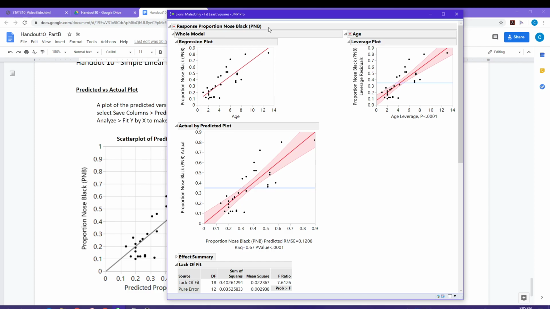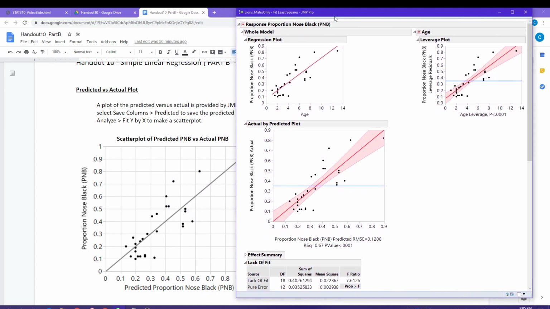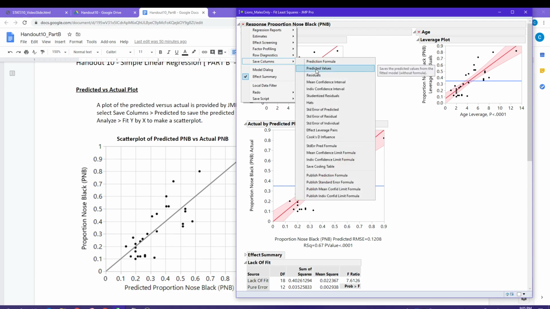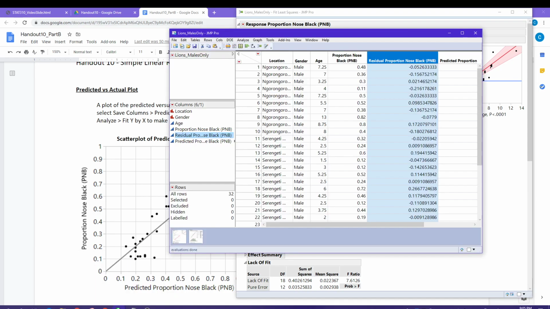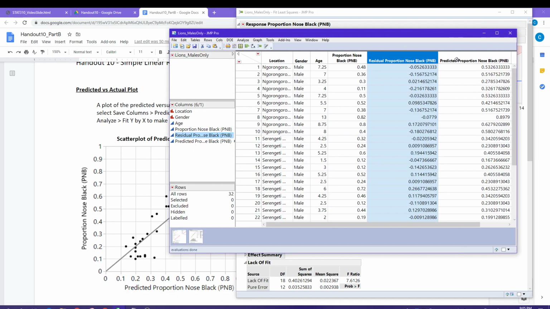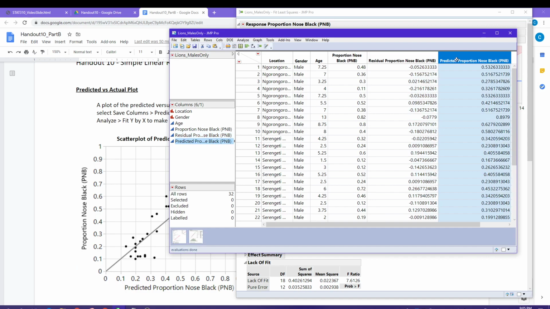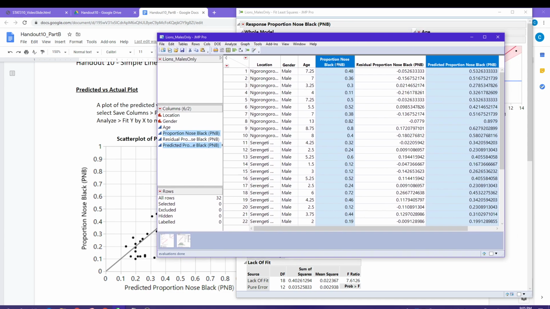What I often do for clients when I'm doing an analysis is just save not only the residuals, but save out the predicted values. So if I go back to my spreadsheet here, now I will have the residuals and the predicted values. And I can just make a scatter plot of the actual values, which is this column here, and my predicted values.